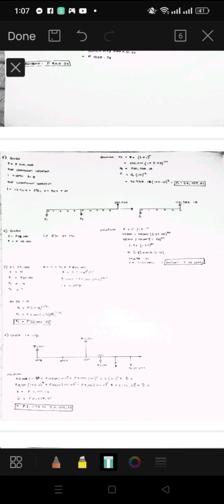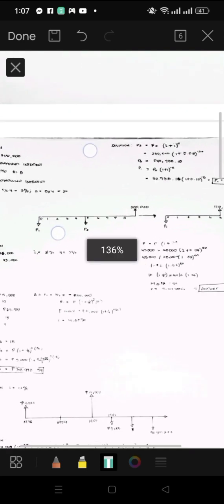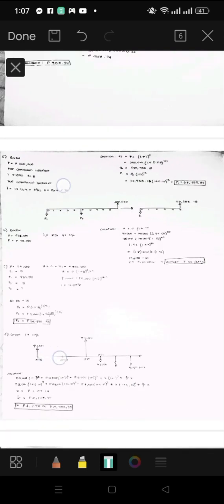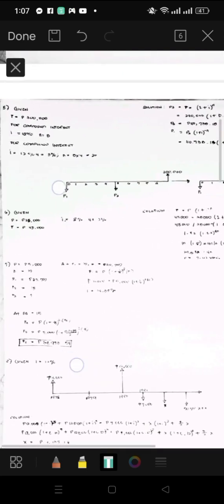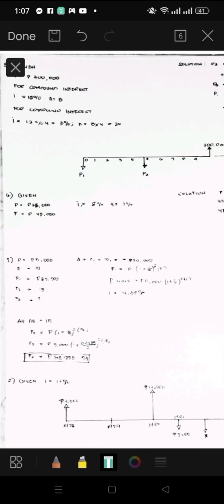So we proceed to our solution. F is equal to P multiplied by the quantity 1 plus i raised to the power of n, the compound interest formula.